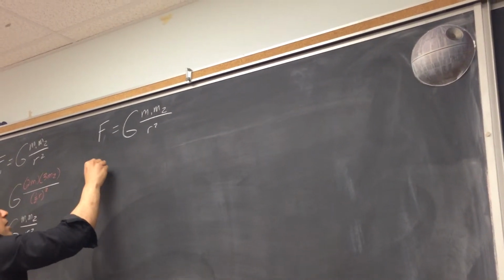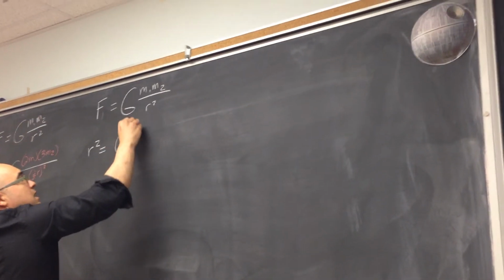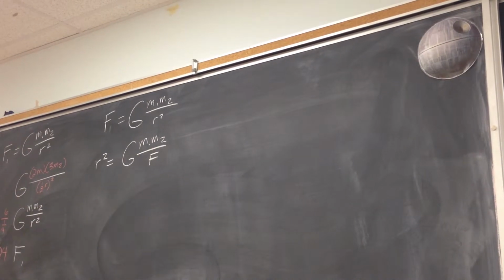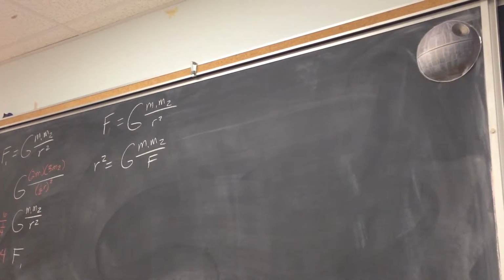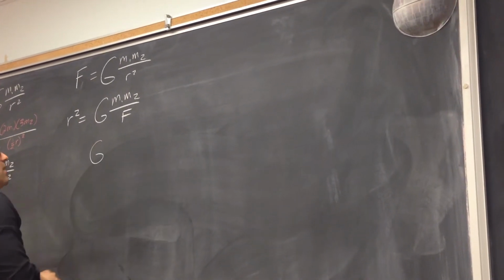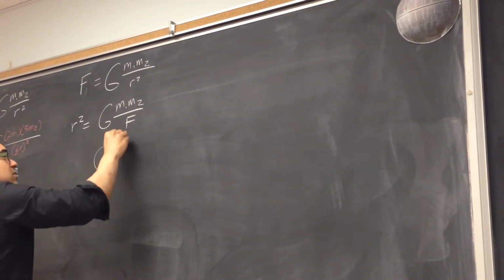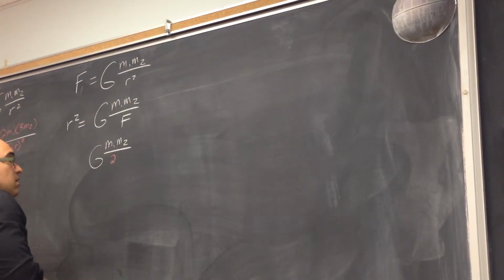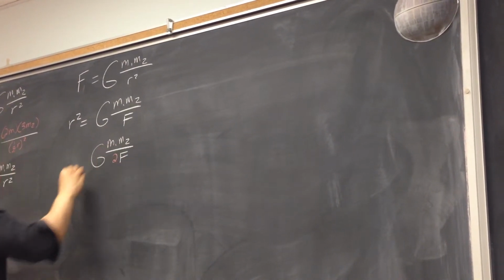So radius squared would be G m1 m2 over F. Okay, so let's go ahead and put those coefficients in. m1, m2 are the same, and then we've doubled our force. So we're just going to bring that out front now.